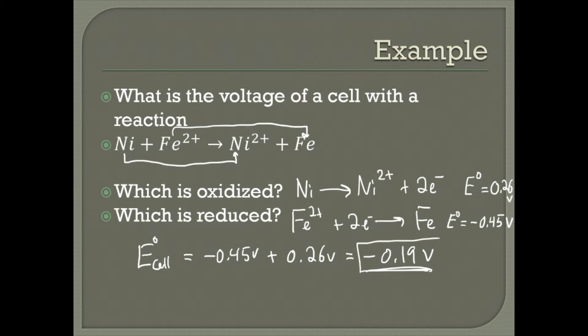That's what this negative voltage means, is that in order for this reaction to occur, it has to be supplied this much energy. So energy, or I guess voltage slash energy, needed to make the reaction go forward.